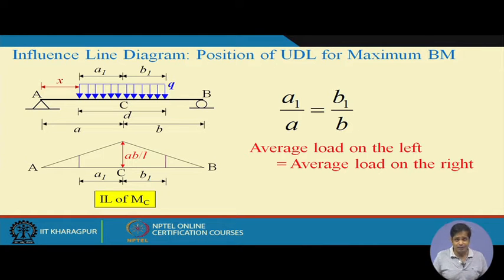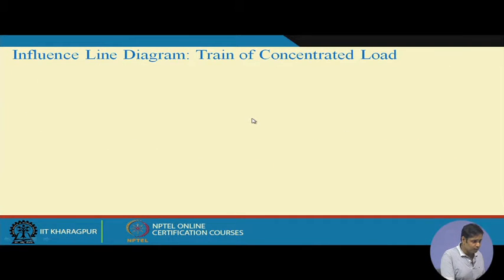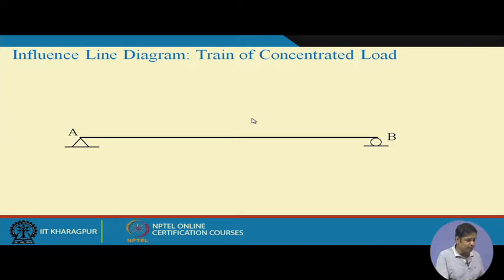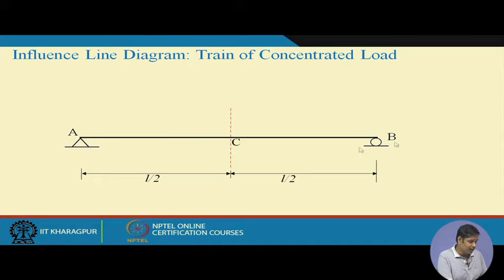Now, the same exercise we are going to do for a train of concentrated loads. Suppose this is the same simply supported beam AB, and C is the center point, the mid span of the beam. If the total length is L, then AC is L by 2 and CB is L by 2.